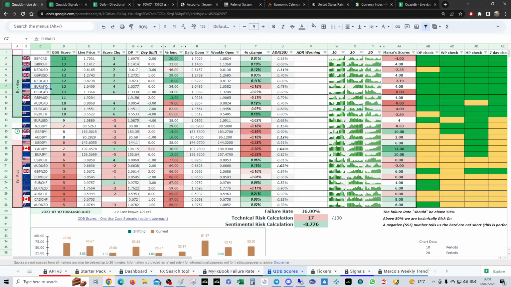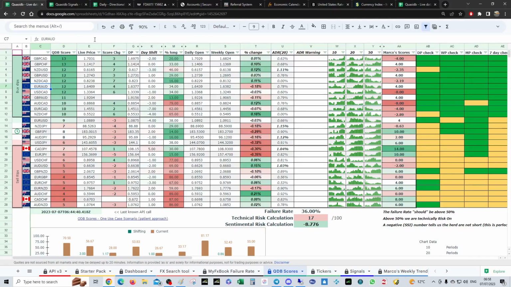Okay, so we have to remember the fundamental relationship of particular currency pairs and risk appetite. For example, the pound Aussie would be sensitive to risk on, risk off flows. So if we go risk off, this is going to shoot up fundamentally, but if we go risk on, this should fall. That's the reason for that being negative, because of the fundamental correlation.